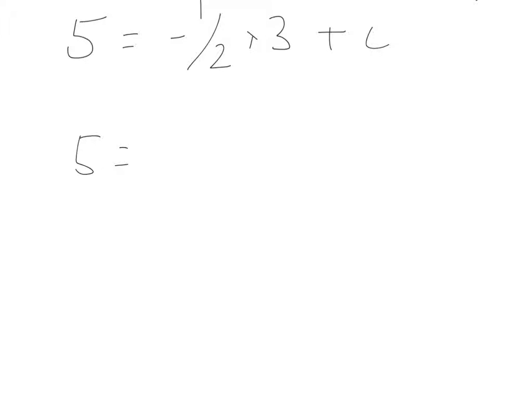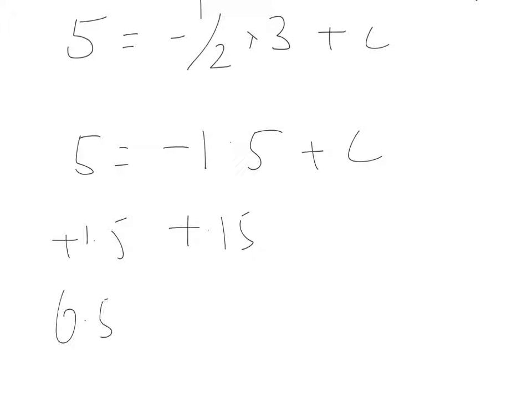Minus a half times 3 is minus 1.5, plus c. If I add 1.5 to both sides, then I get 6.5 equals c. So the equation is y equals minus a half x plus 6.5.